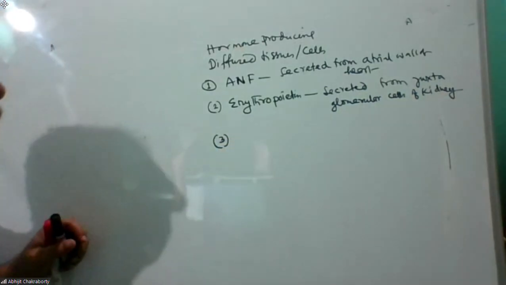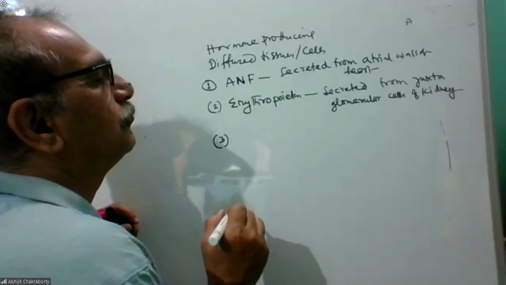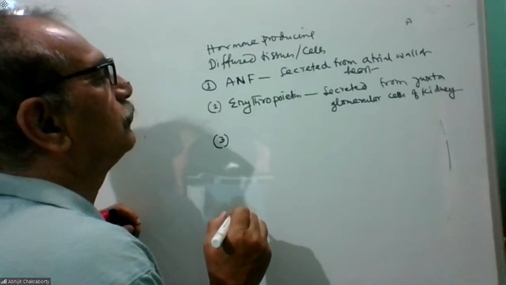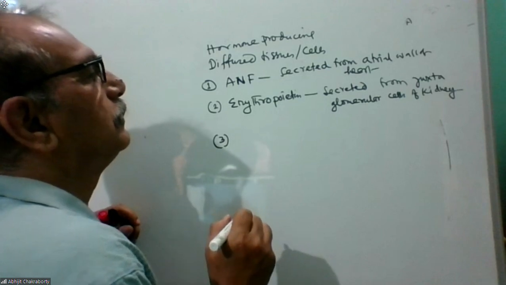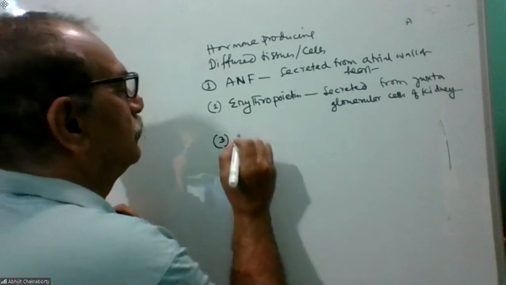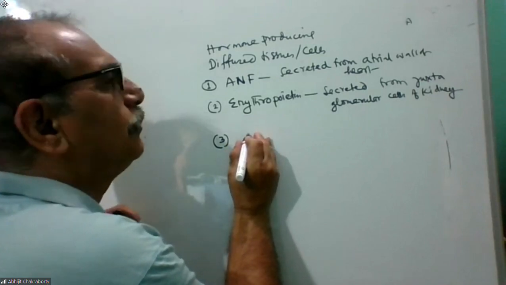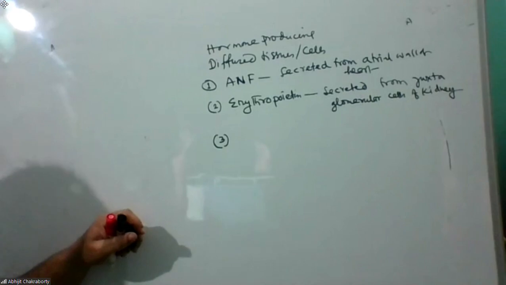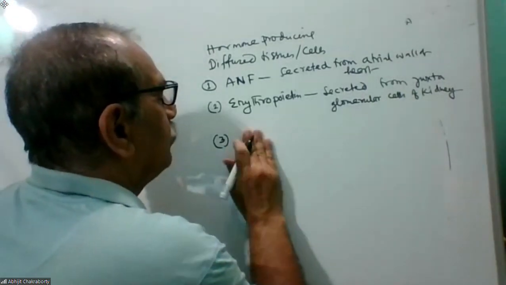Third, another one is erythropoietin. Another hormone is secreted in the gastrointestinal tract, that means gastrin.